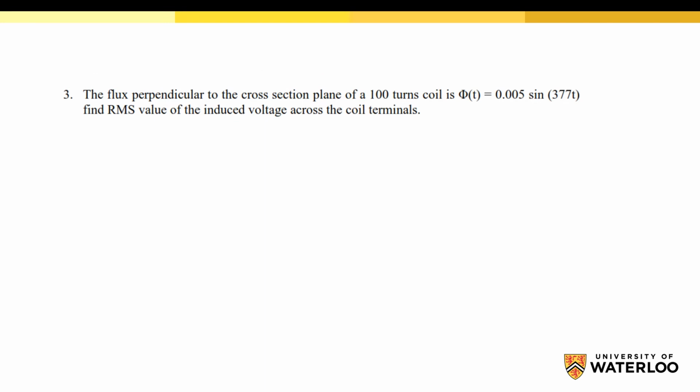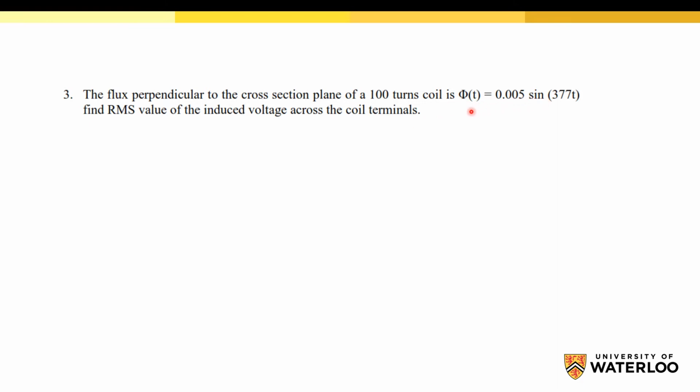Question 3. The flux perpendicular to the cross-section plane of a 100 turns coil is given as a function of time. Find the RMS value of the induced voltage across the coil. So actually we all know that the induced voltage is the rate of change of the flux.